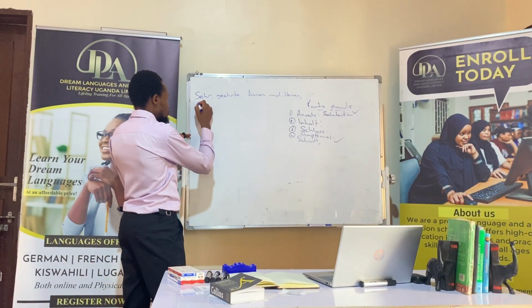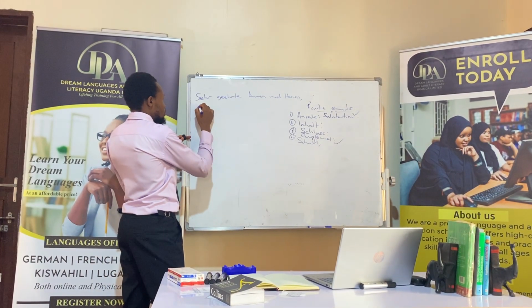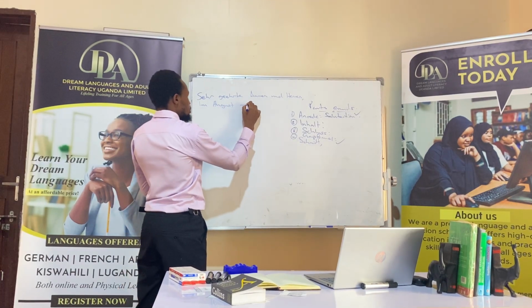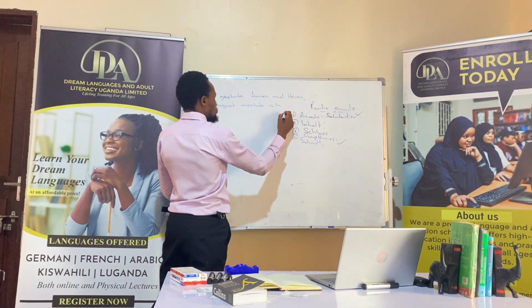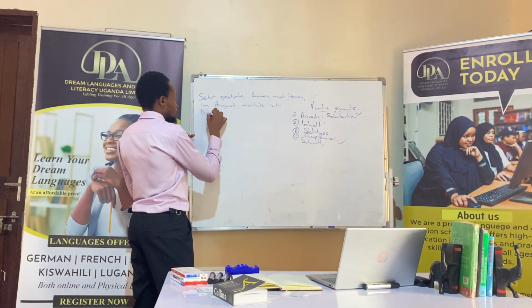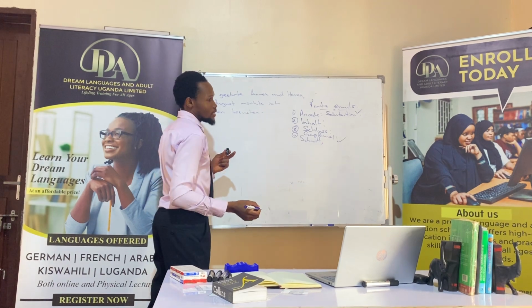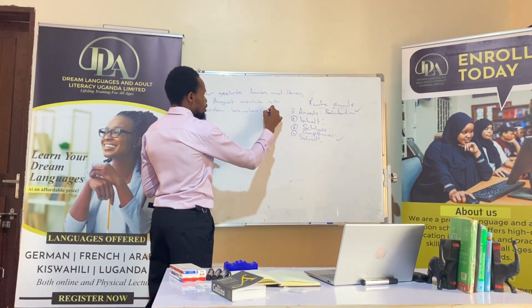So it'd be like, for example, im August möchte ich Dresden besuchen. Then you ask for the information.